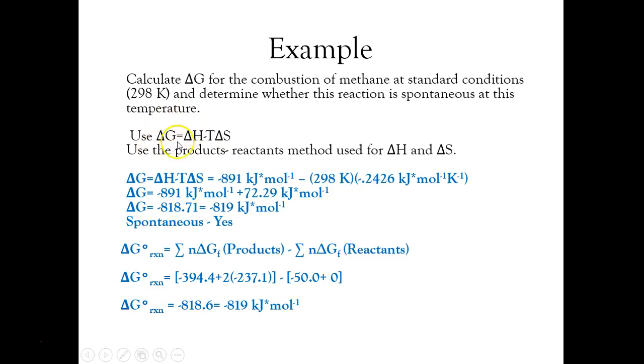If I set delta G equal to 0 and solve for temperature using delta H and delta S, I can calculate the temperature at which a reaction becomes spontaneous. Now again, that would only be for the situations where it depended on the temperature. If it's an exothermic reaction where disorder is increasing, it's always going to be spontaneous regardless.